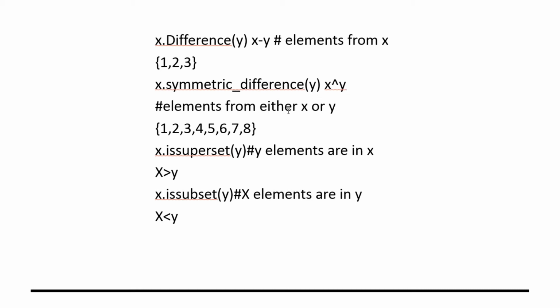The elements from either x or y you will get as output. The reverse is also the same. Suppose y dot symmetric difference x, both ways you will receive the same elements as output. It returns a set with the elements from either x or y. This is the way the symmetric difference operation will work.